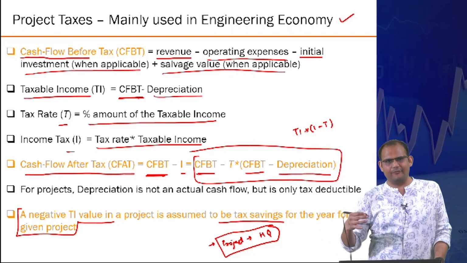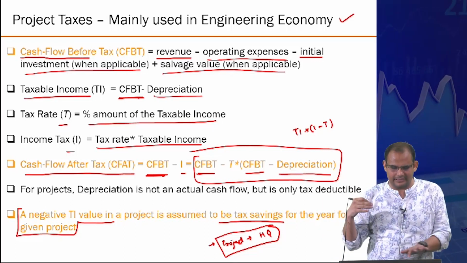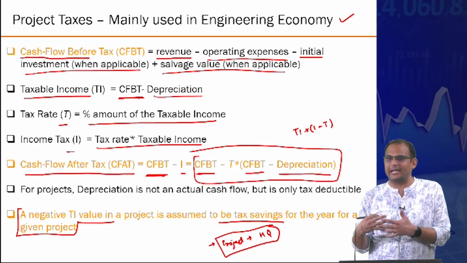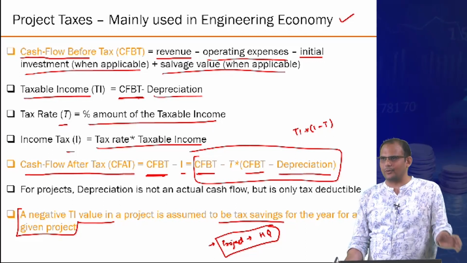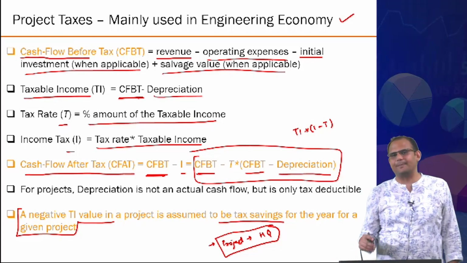So you still apply the same formula, and the net tax would come out to be negative, but that could be added as a positive for your overall calculation. So it's assumed as a tax benefit.